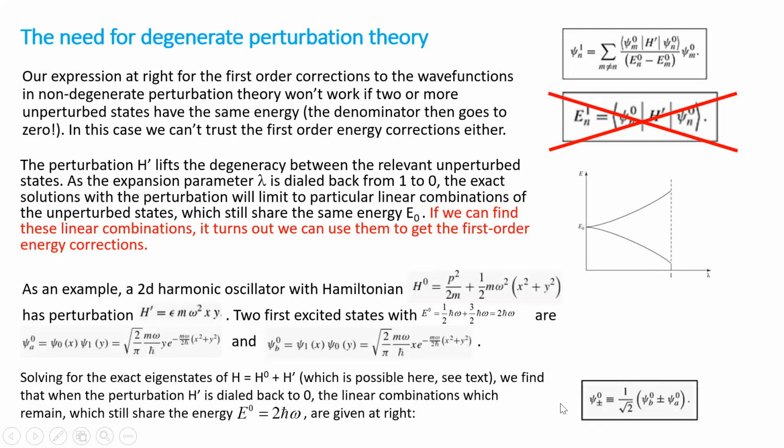So right here, psi 0 plus and minus, which is 1 over the square root of 2 psi b, either plus or minus psi a.